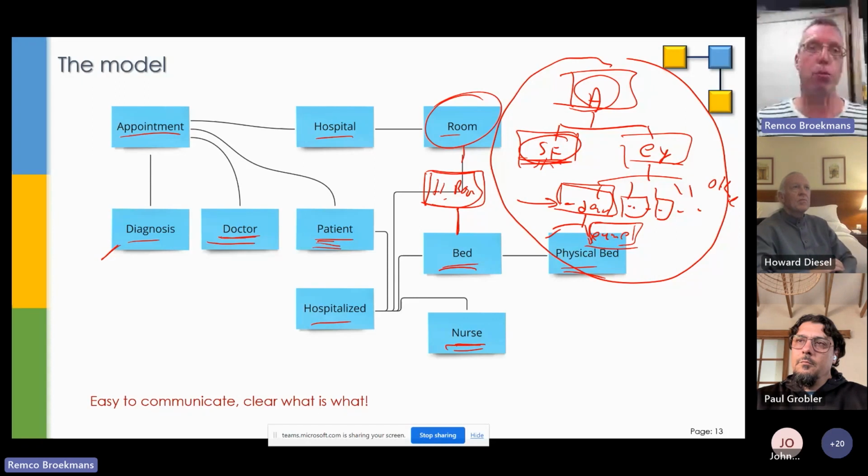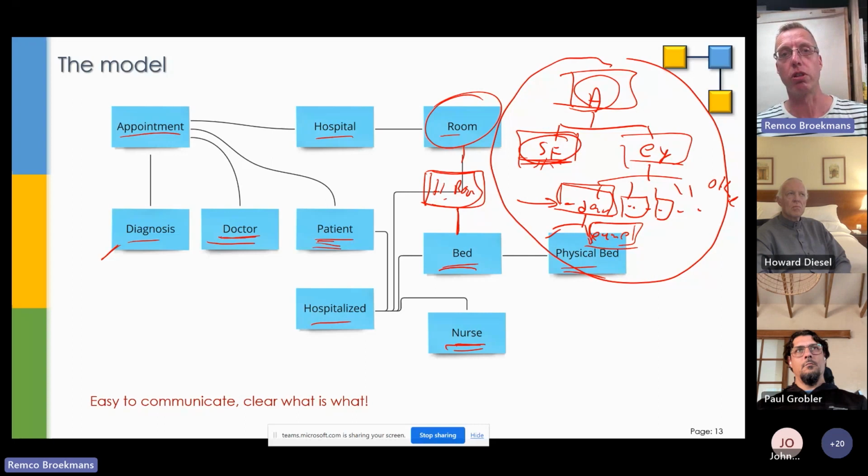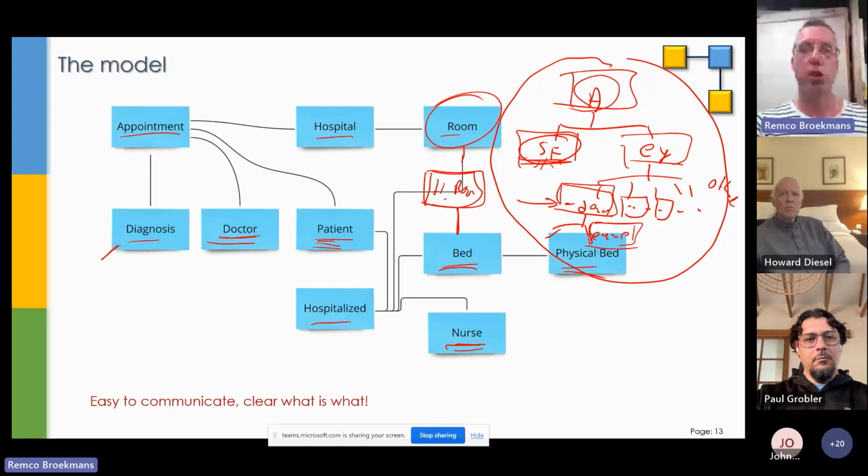And I know that people like to say, yeah, but we have rules for that one. And I always say, well, if I'm looking at a model, for me, a model is also for communication. Communication not only to the techie people, but also to business people. And if I need to dive into what kind of different roles do I have on a person, what kind of different types of rooms do I have, for instance, if I need to dive into that one, and it's important for me, then I'm modeling at the wrong level, because I think a model should be clear on its own.